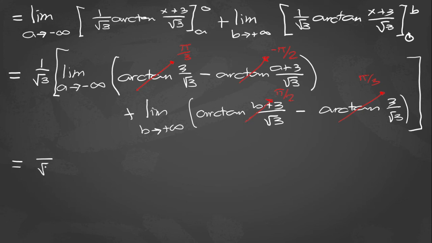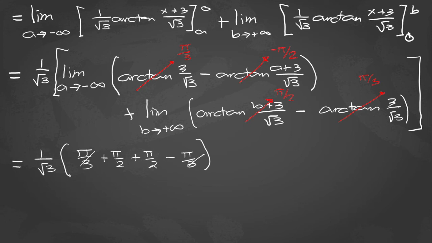Simplifying our equation, we'll have pi over 3 minus, multiplied by negative pi halves, it is positive pi halves, plus pi halves minus pi over 3. Notice this will become 0, this will cancel out.